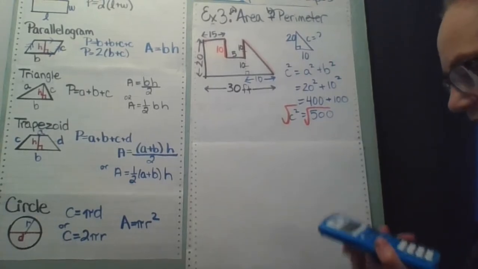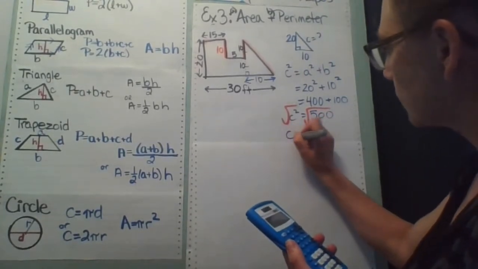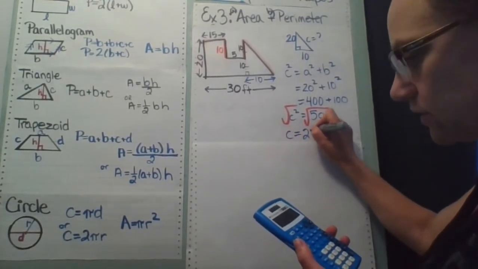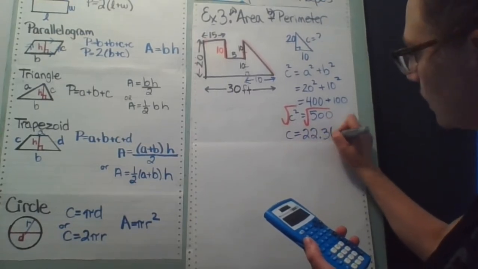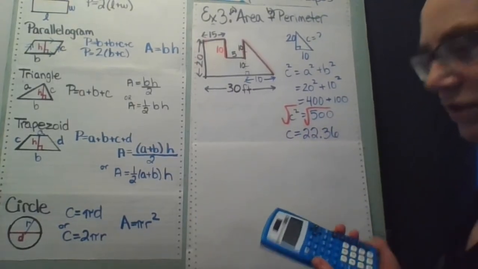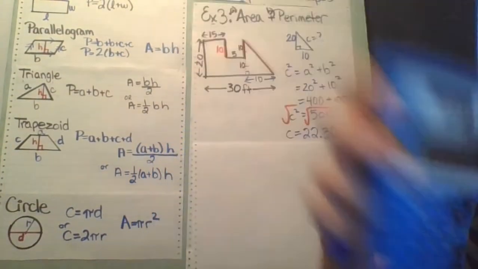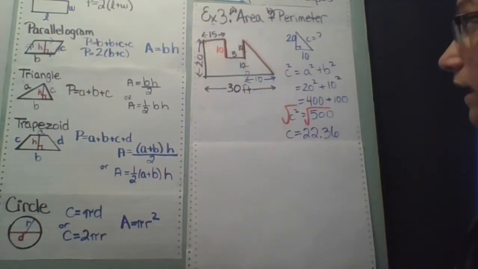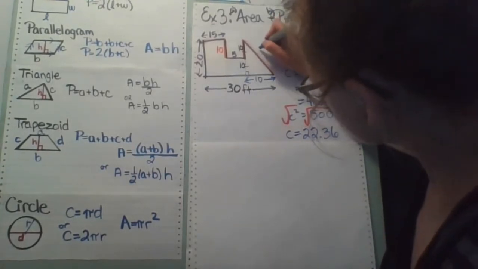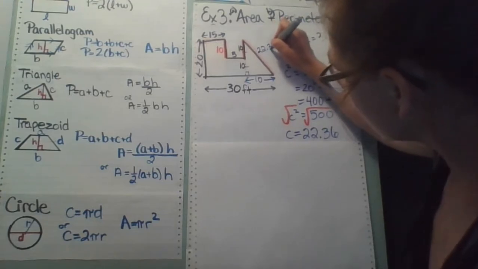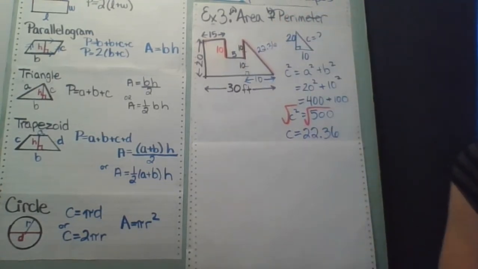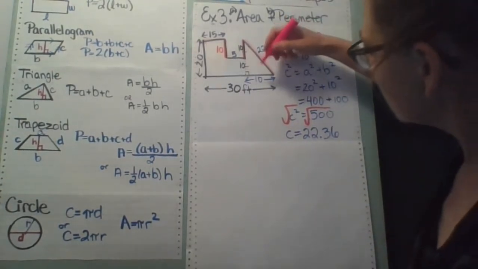Final answer gives me a length of 22.36. Right? Because we needed the square root of 500. Okay. So that gives me this side length here. So this is now 22.36.